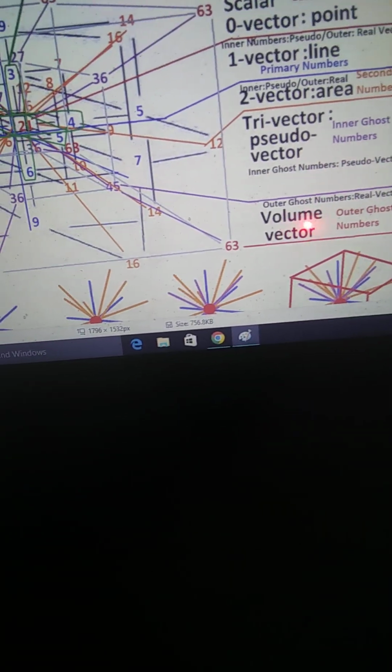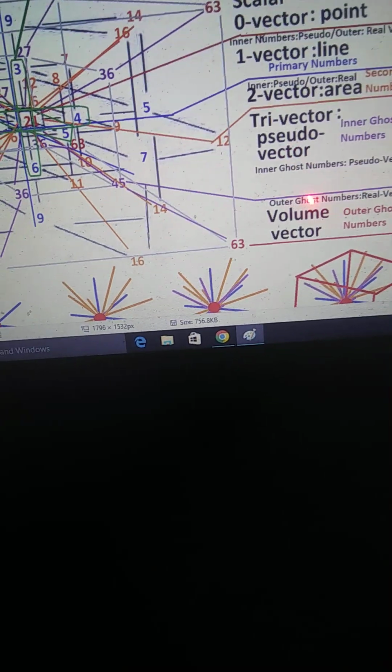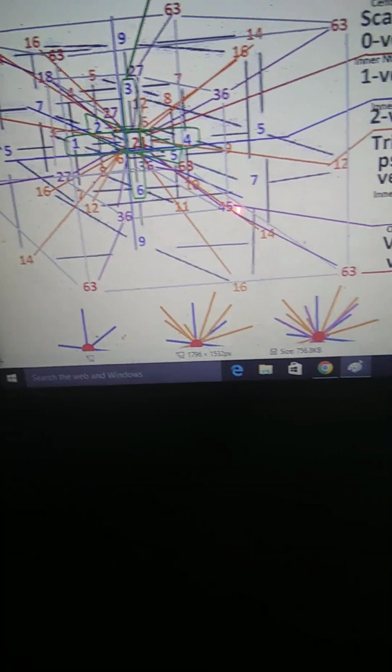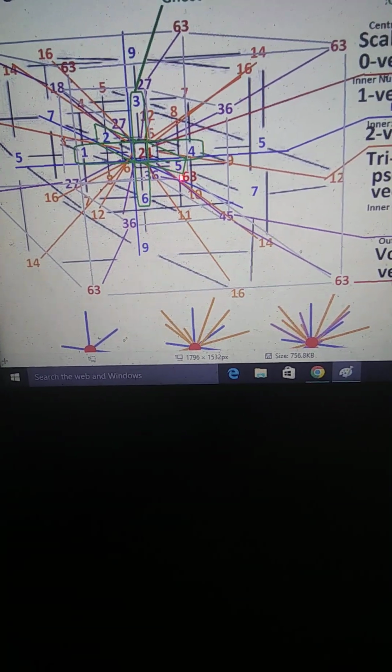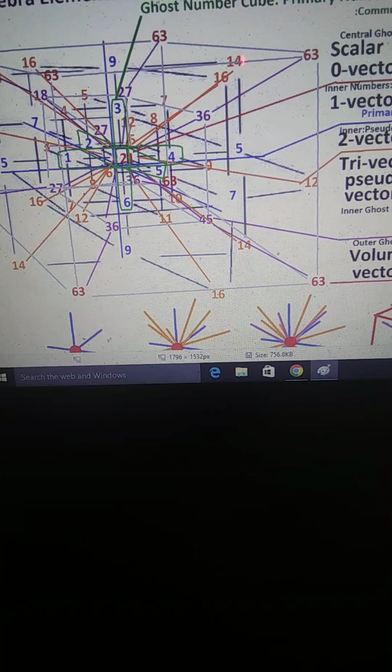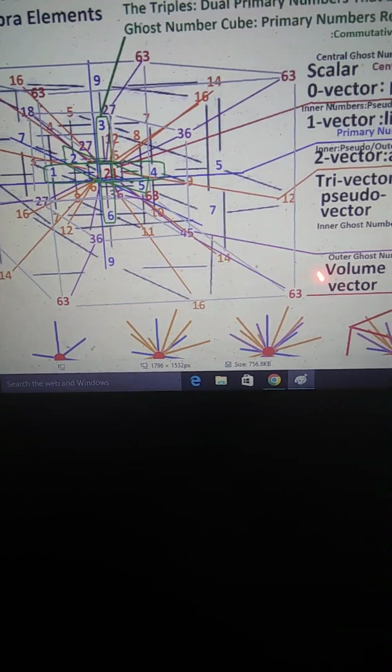And then you have the trivectors, which are the inner ghost numbers. And all this inner cube is all pseudo-vectors, and their outer products, or their outer sums, are real vectors.